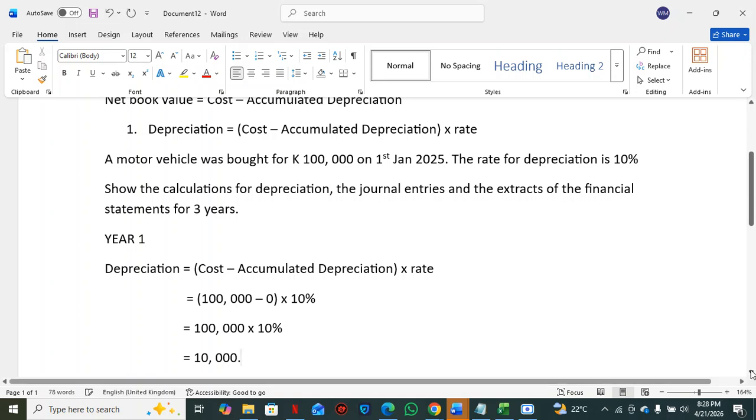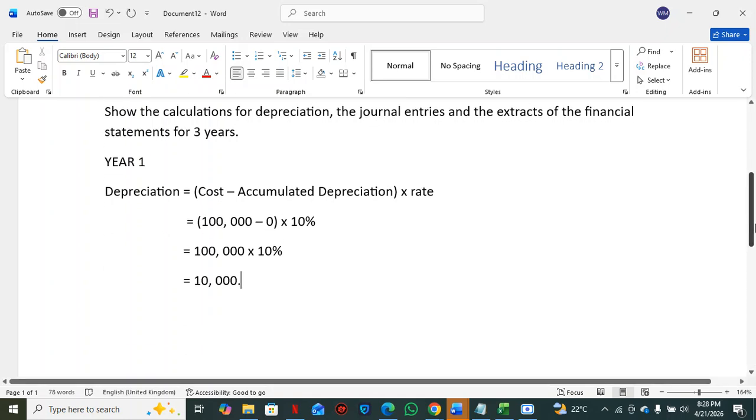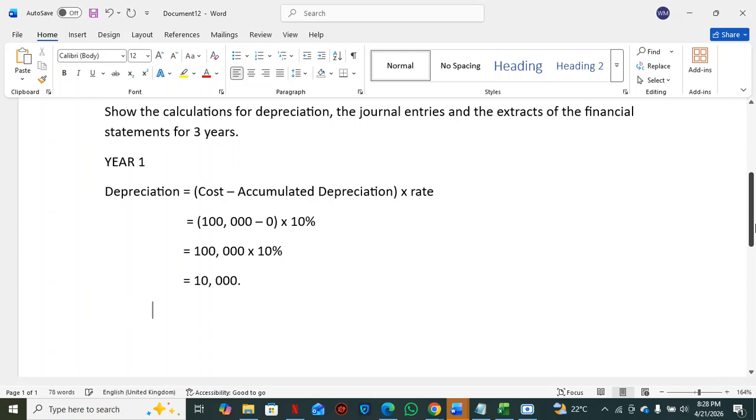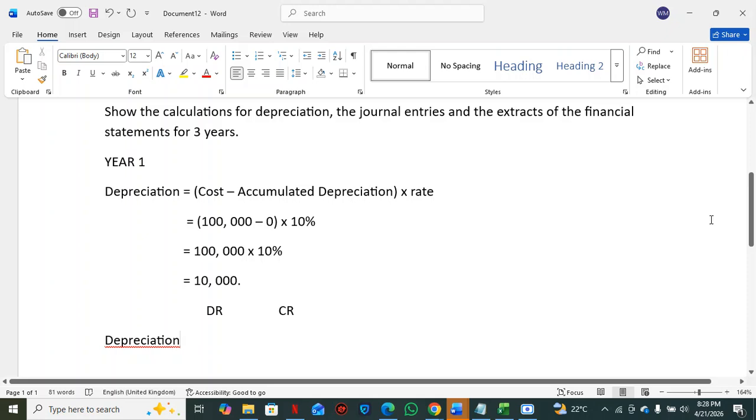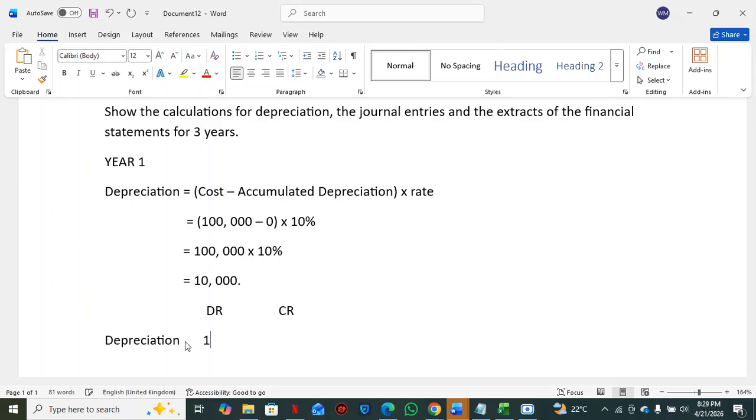So the journal entry is going to be like this. Debit depreciation. So you charge the depreciation expense on the financials.